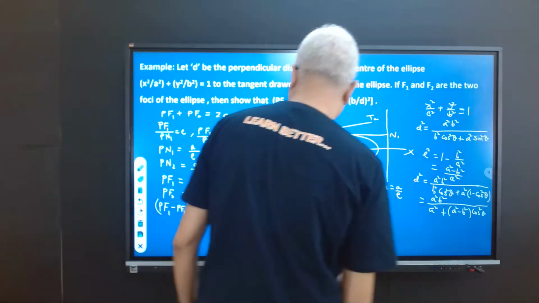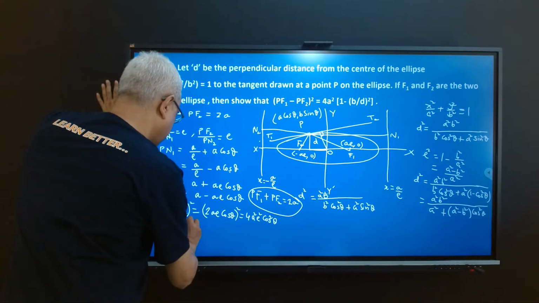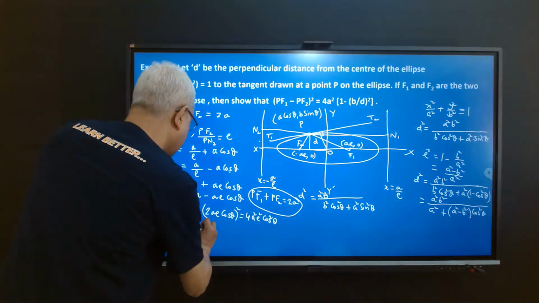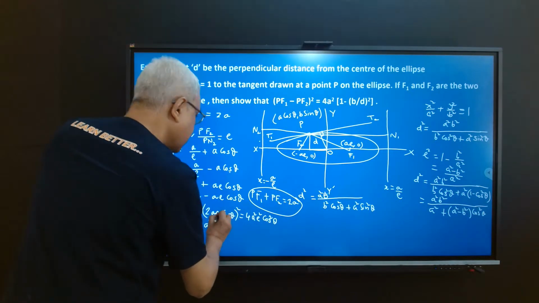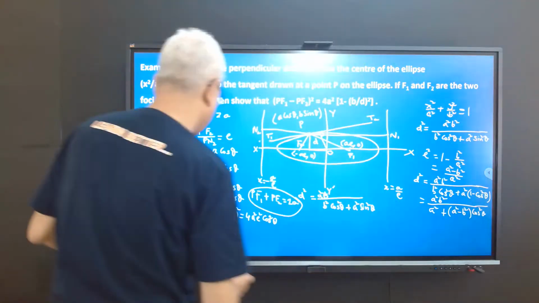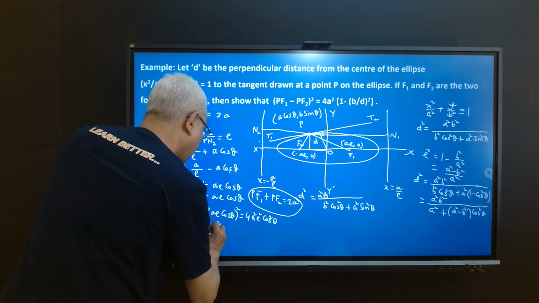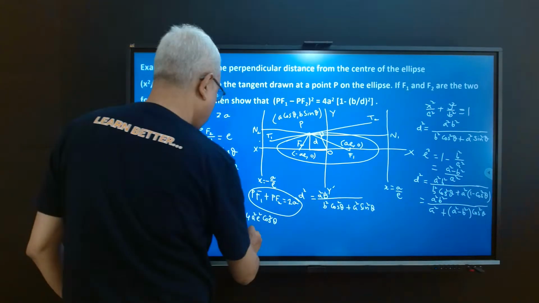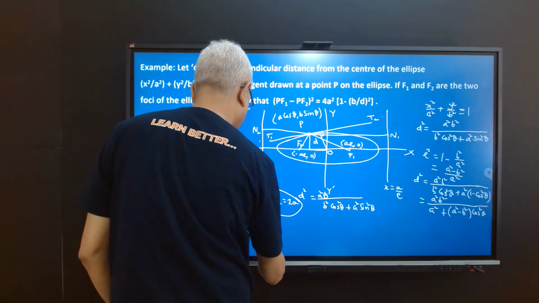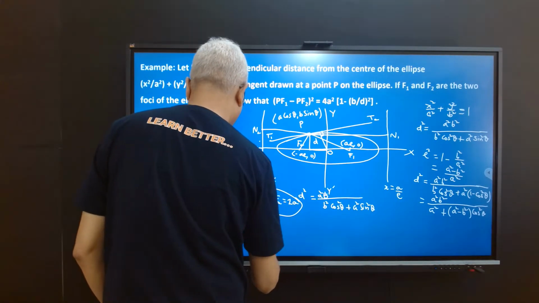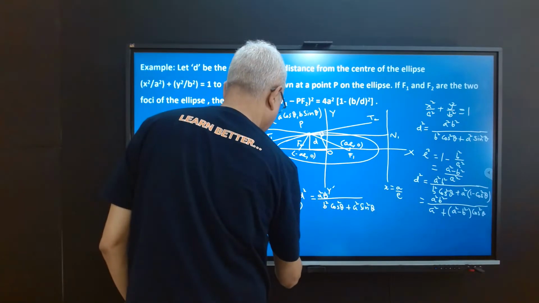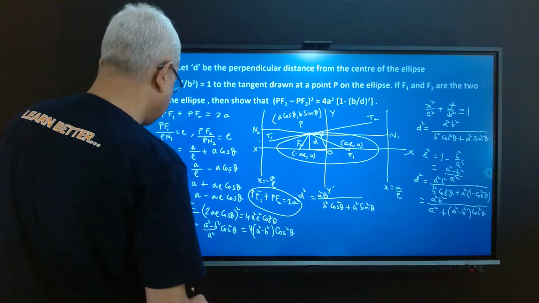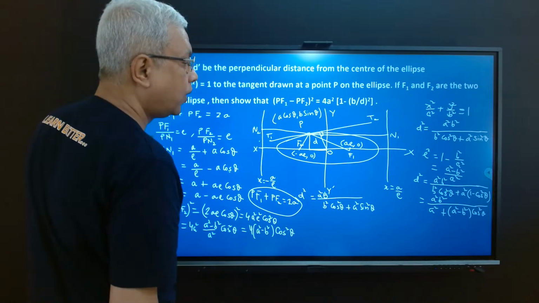Okay. Now here I can write this is 4a square into e square, where e square is (a square minus b square) by a square, cos square theta. So what happens?